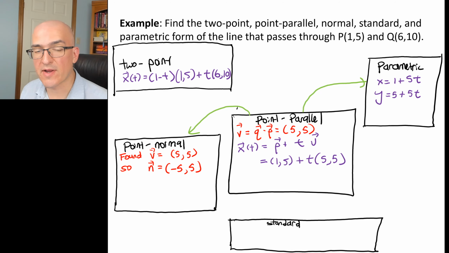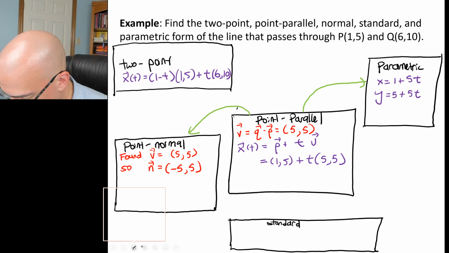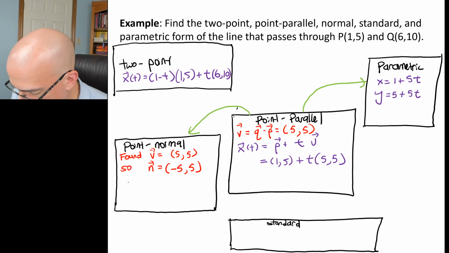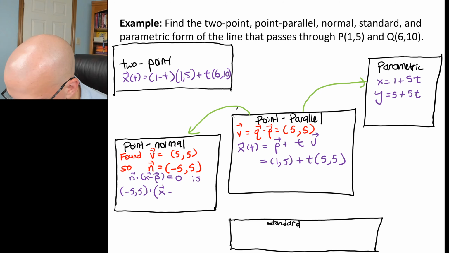That will result in a vector that's orthogonal to the direction vector. Now I have all the ingredients I need. I have the point, I have n, so n dot x minus p equals 0 is negative 5 comma 5 dot x minus the point p 1 comma 5 equals 0.